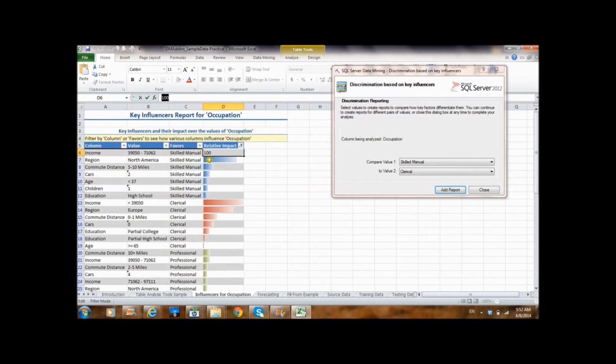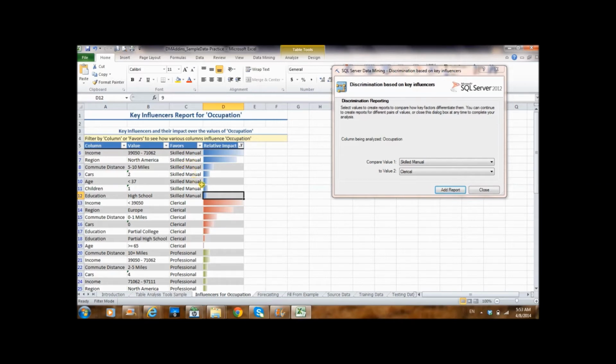As you can see over here, 100, 84, and so on. When somebody's income level is 39,050 to 71,062, it's very likely that person may be a skilled manual worker. And if the region is North America, that's also likely to indicate the person is skilled manual.